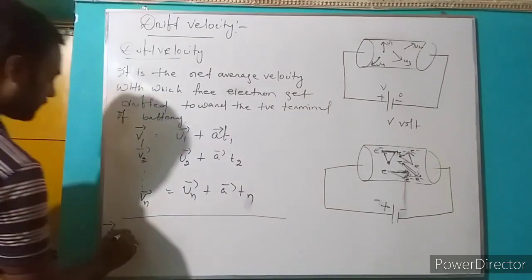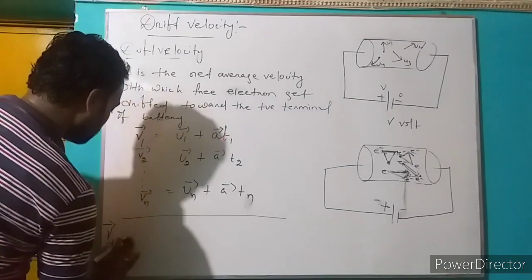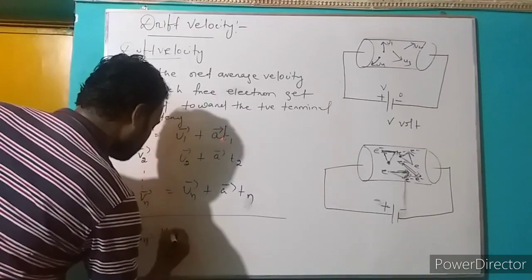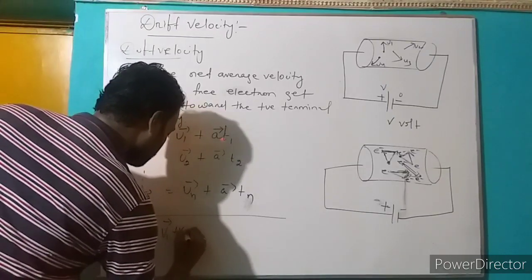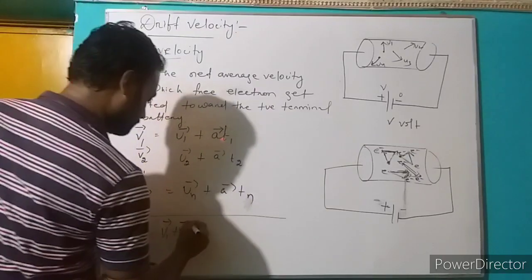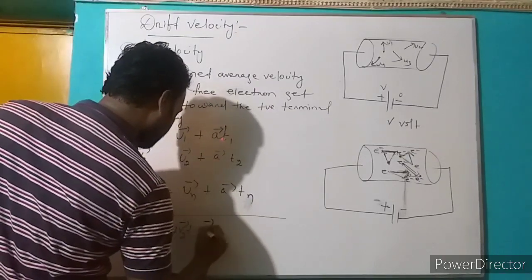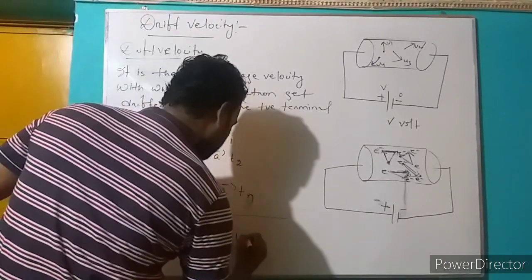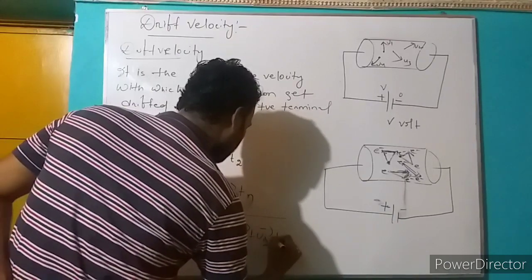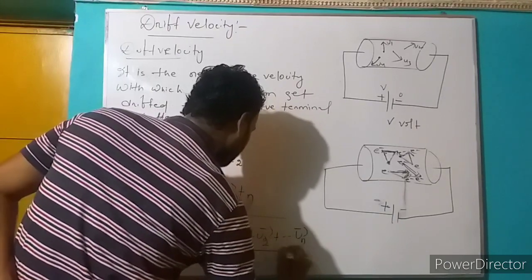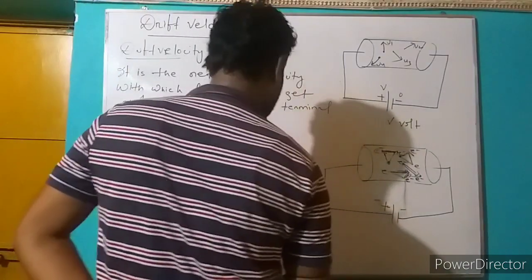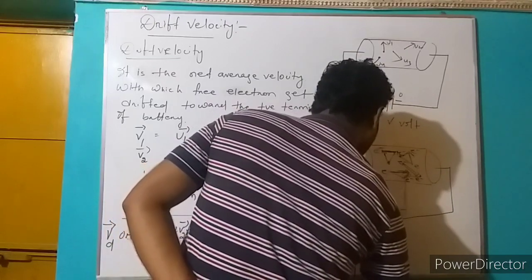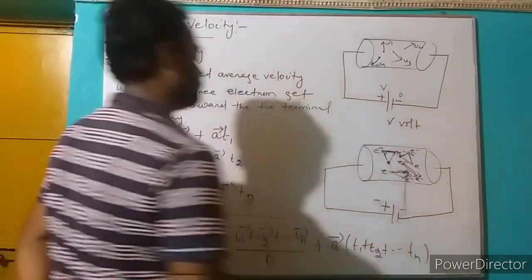Vd means drift velocity or average velocity, V average, equal to V1 vector plus V2 vector plus Vn vector divided by n, the number of electrons, which is equal to U1 vector plus U2 vector plus Un vector divided by n, plus A vector into T1 plus T2 plus Tn divided by n.